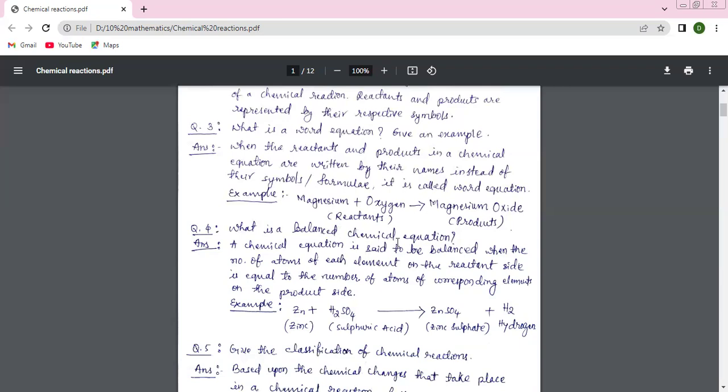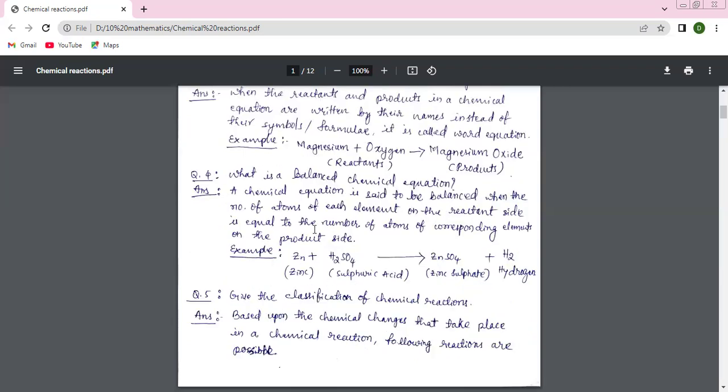Next, what is a balanced chemical equation? This is a very, very important point in this chapter. A chemical equation is said to be balanced when the number of atoms of each element on the reactant side is equal to the number of atoms of corresponding elements on the product side.